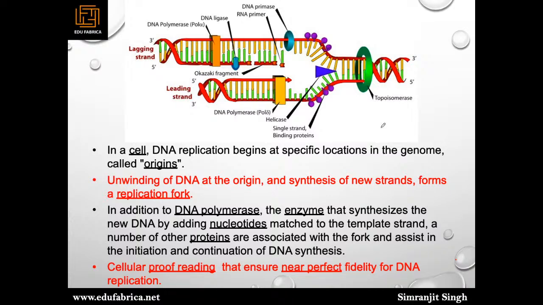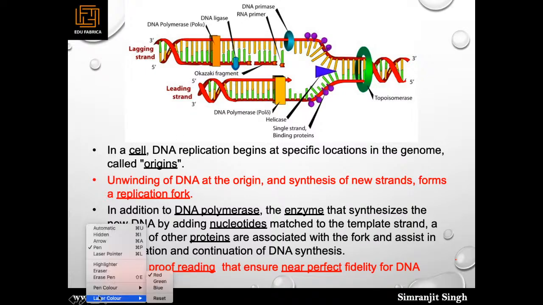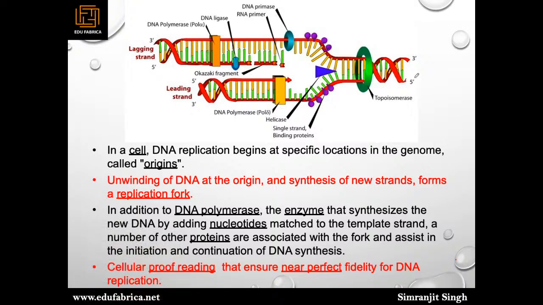So let's see how this process of DNA replication is done. Let's check the main enzymes that play a role, in a nutshell, within a 2-minute view of our lecture here. Here we can see this is the 5' end of our DNA, which is going to this 3' end here.